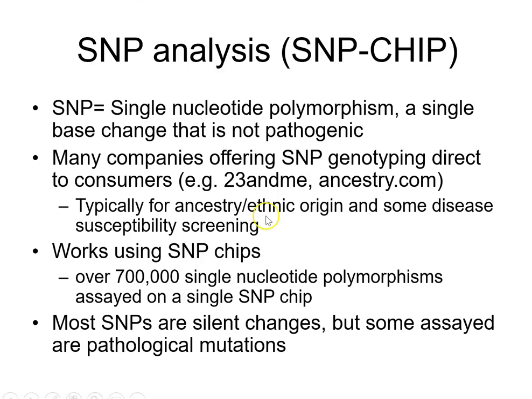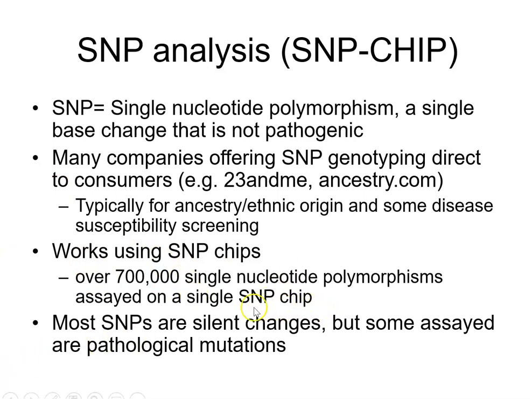So I'm going to talk about how this technology works, and then we'll go on to more targeted single nucleotide polymorphism analysis. But basically these work by analysing about 700,000 regions of the genome where single nucleotide polymorphisms are known to exist, and these are analysed on a single SNP chip.